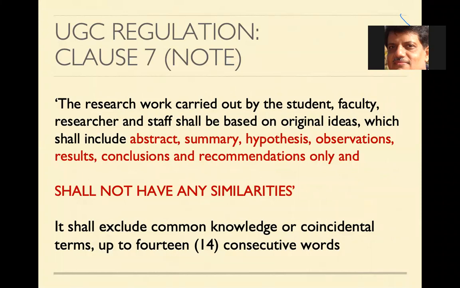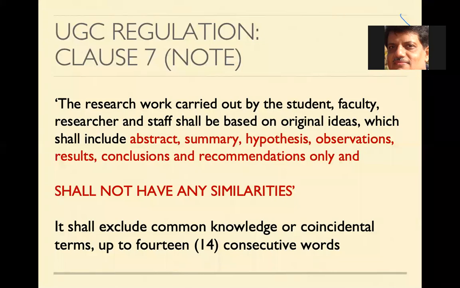So this UGC regulation clause 7 says that the research work carried out by the student, faculty, researcher and staff shall be based on original ideas, which shall include abstract, summary, hypothesis, observations, results, conclusions and recommendations. So here it says there shall not be any similarities in these areas, except common knowledge or coincidental terms up to 14 consecutive words.